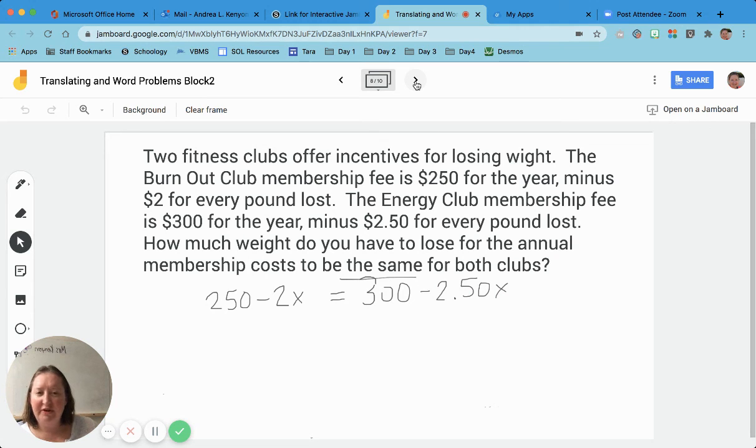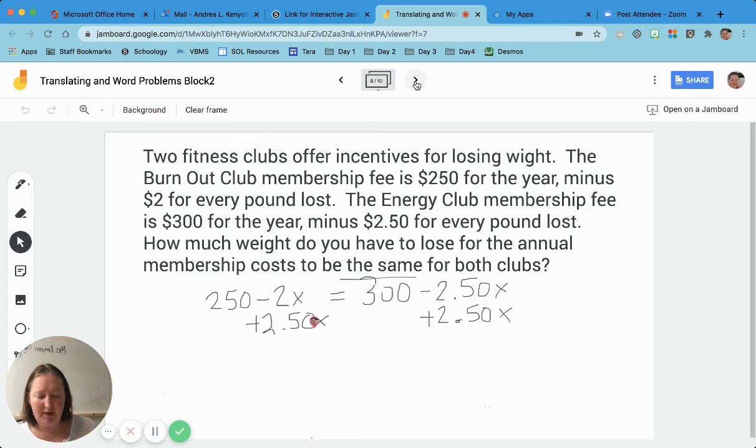So now I'm just going to go ahead and solve this. Now, when you're solving a word problem, usually the values that you end up with at the end, you want them to be positive. So that's what we're looking at. I'm going to add $2.50x to both sides.